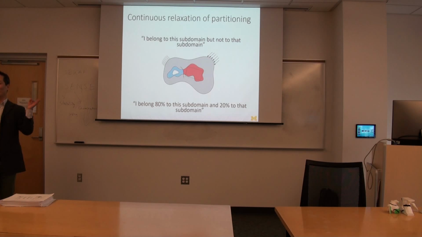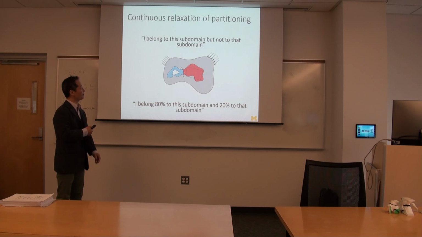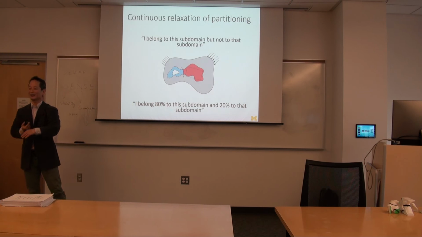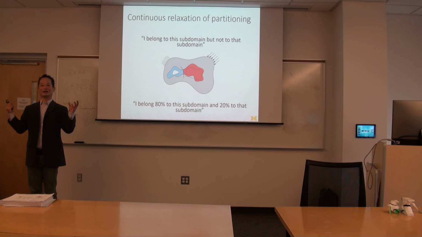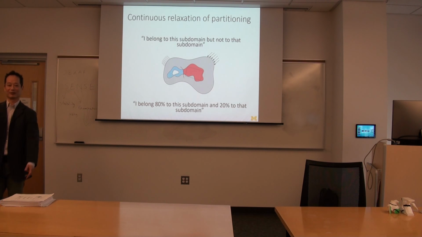But the first problem is solved. So in terms of decision variable, I could go from a discrete decision variable of figuring out which component I belong to, 100% versus 0% binary decision, to a fractional decision. And then you can use a continuous solver to figure out the outcome based on a given objective.